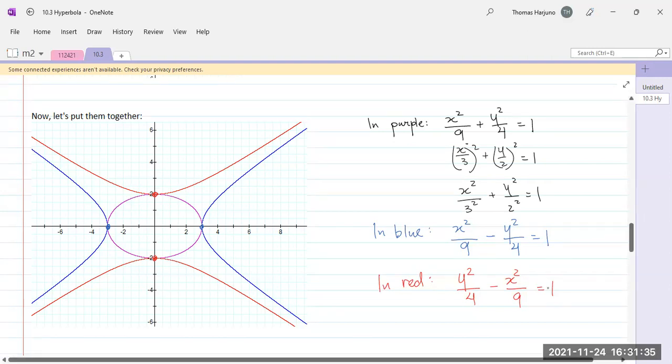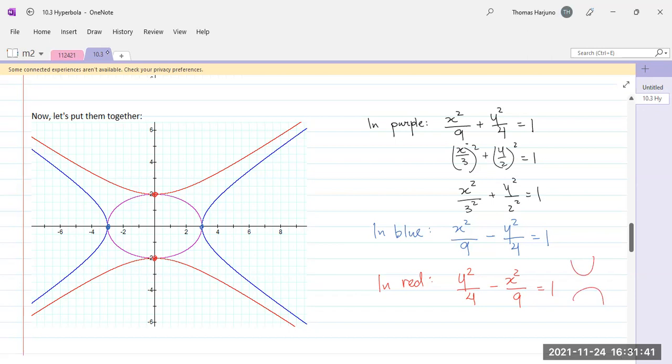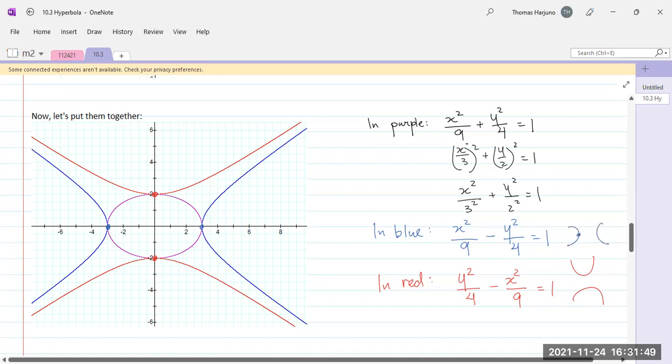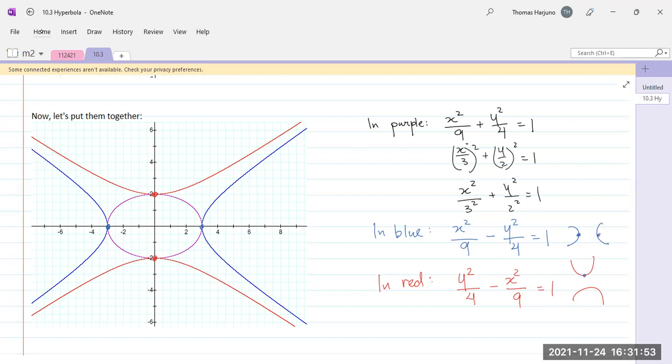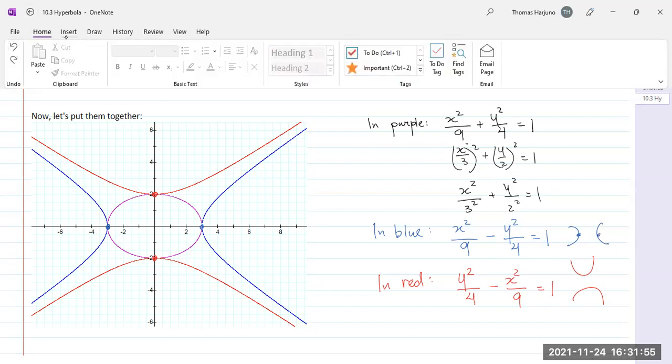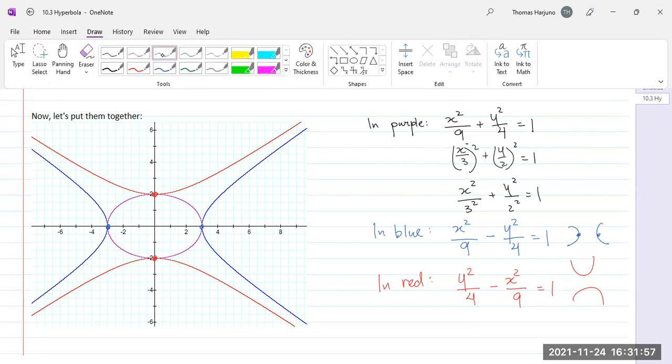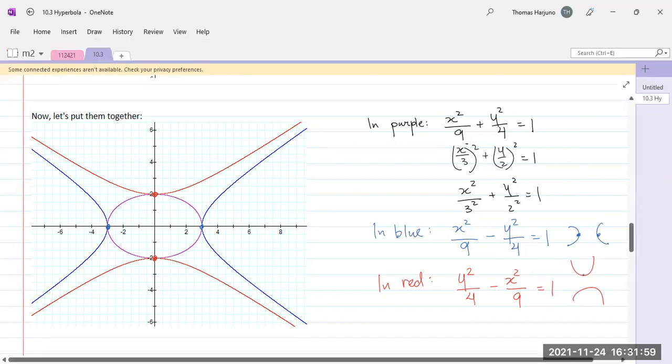Because this is the y squared minus x squared form, we know that the hyperbola will open up and down. The blue one, because it starts with x squared minus y squared, will open left and right. Where are the vertices? We can go back to the ellipse to see that.